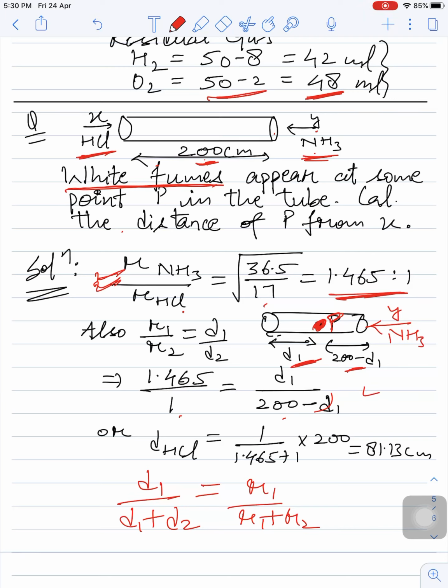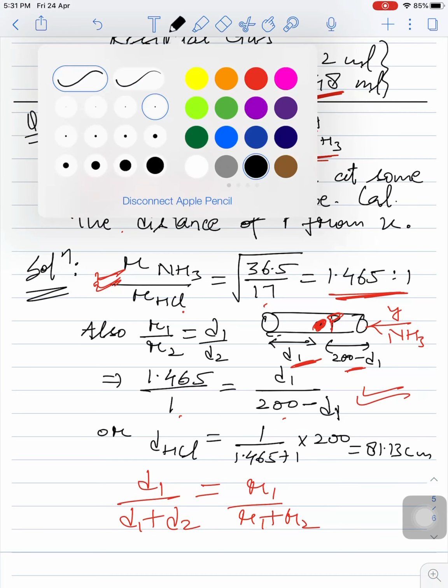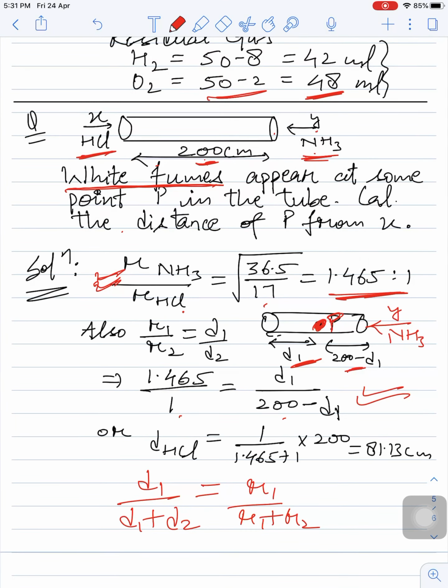Either you can solve from here directly and we have got our answer, or, if we are not solving from here, the formula is R1 upon R2 equals D1 upon D2. We add plus 1 on both sides, which makes it D1 upon D1 plus D2 equals R1 upon R1 plus R2.